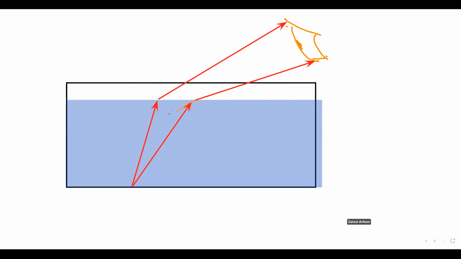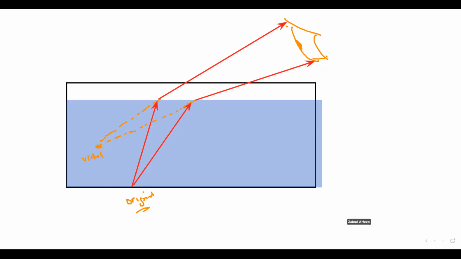So when our brain creates the position by producing the two light rays backward, this is the apparent base. Originally the base is here, but this is the apparent base or virtual base. In reality it's not there, but it creates an image.